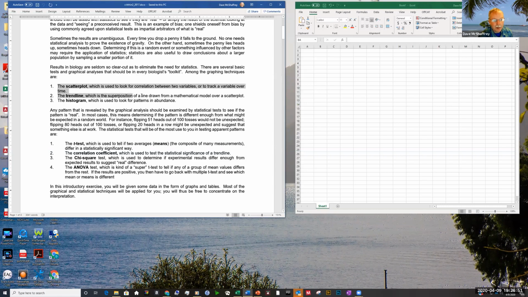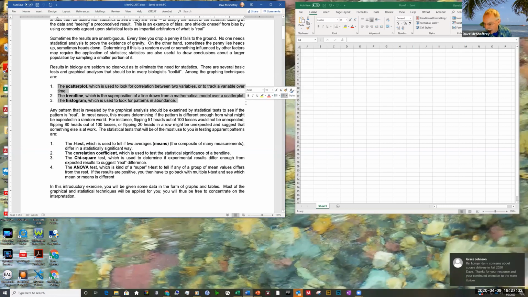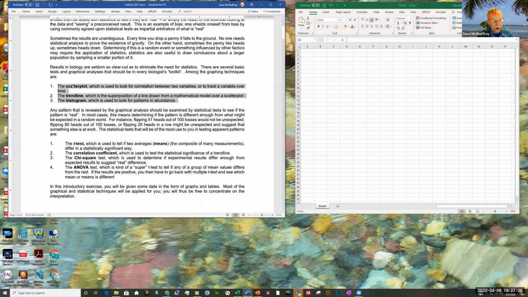We're going to talk about the trend line, which is a mathematical model that we can put on a scatter plot to derive some important information. And finally, the histogram, which is used for patterns in abundance. We're not actually going to use all of these tools, but we are going to use the scatter plot and the trend line, okay?